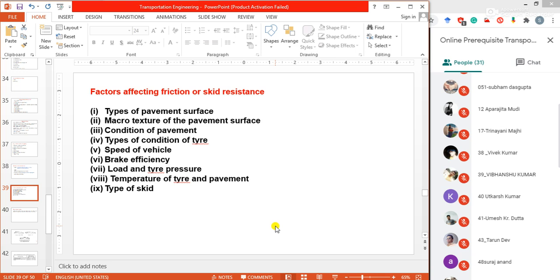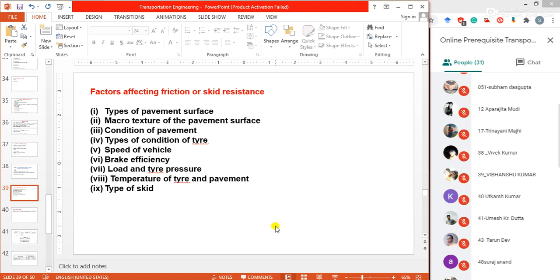So macro texture of the pavement surface is one of the affecting factors for the coefficient of friction or skid resistance. Next, condition of pavement, namely wet or dry, smooth or rough, oil spilled, mud or dry sand on the pavement. Sand is also very harmful during vehicle movement. Sand can change the friction. Sand can change the skid resistance.